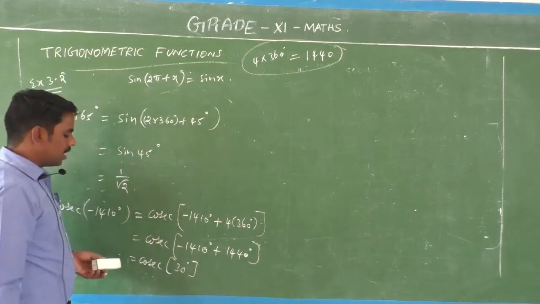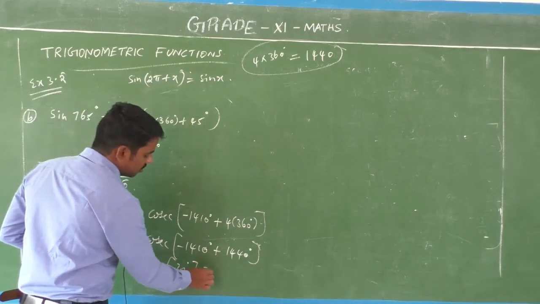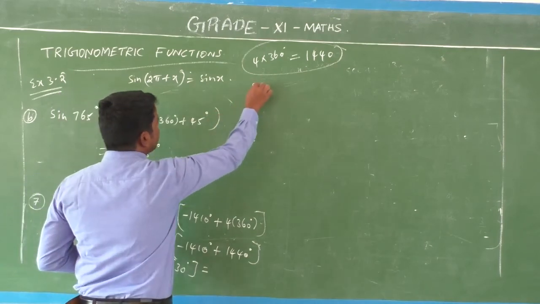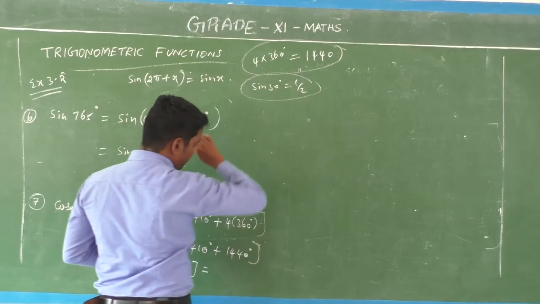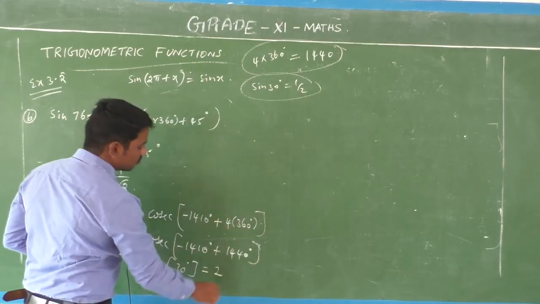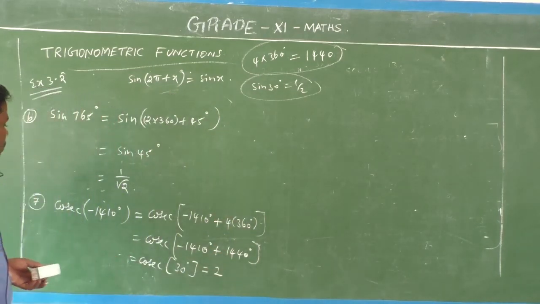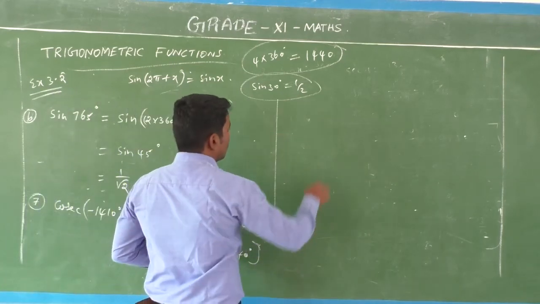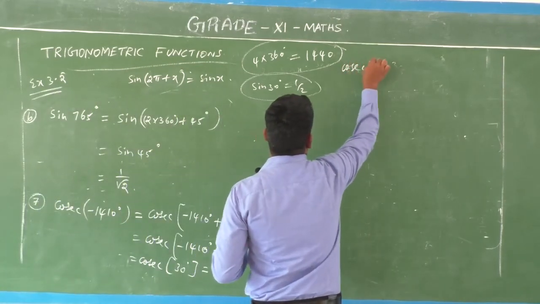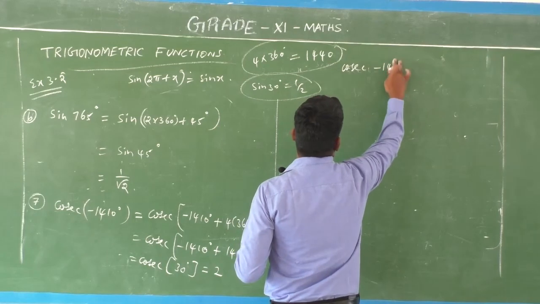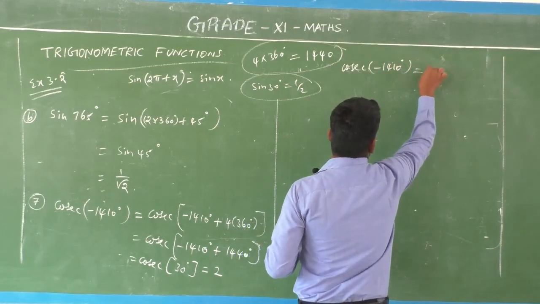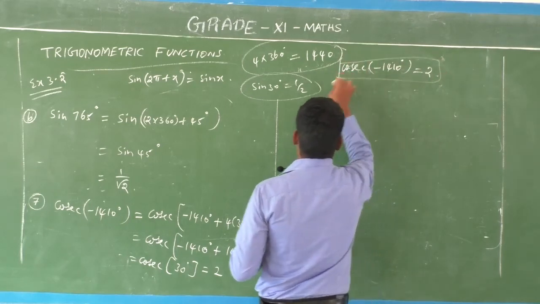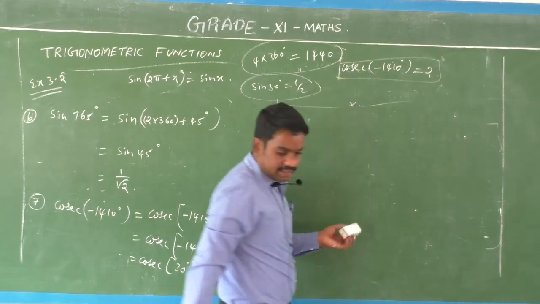Now cosecant 30 degree value: sin 30 degree is 1 by 2, then cosecant 30 degree is 2. Therefore cosecant minus 1410 degree is equal to 2. Right. Next.